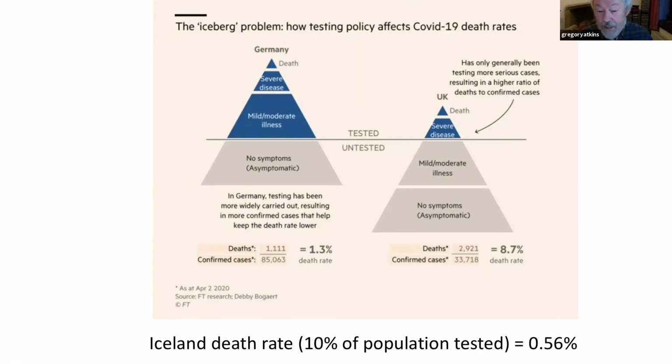They ended up testing 10% of their total population. Not a very big population in Iceland, it's only 360,000, but this was nearer to random. Lo and behold, they get an even lower death rate. And even this isn't random.